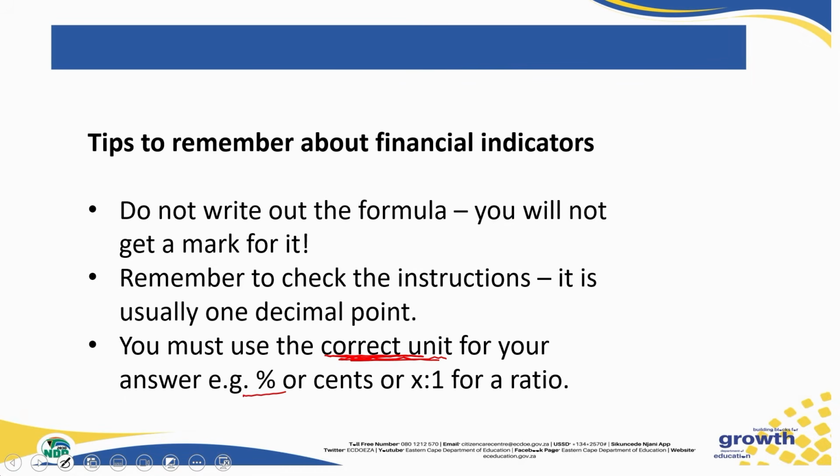And please, very importantly, use the correct unit for your answers, whether it's a percentage or it's cents, or the answer is to 1 if you are looking at a ratio. Okay, so this was just to show you some calculations that you can be expected to calculate.